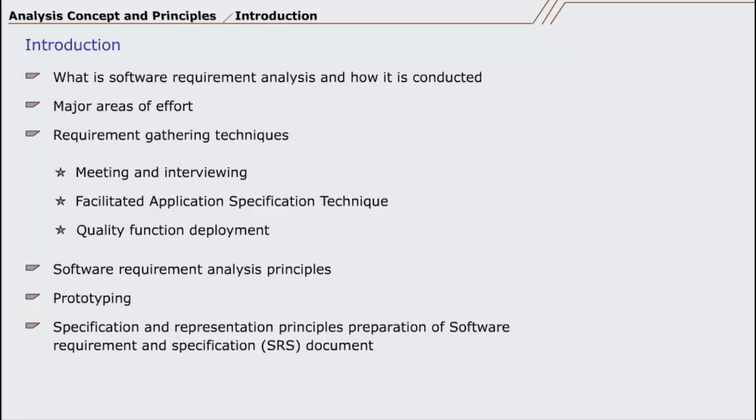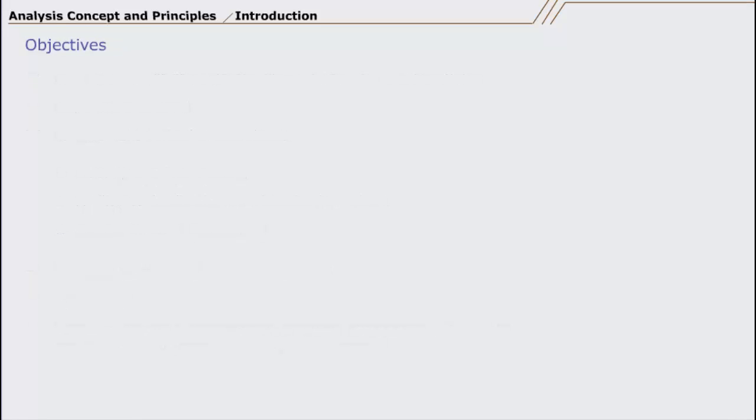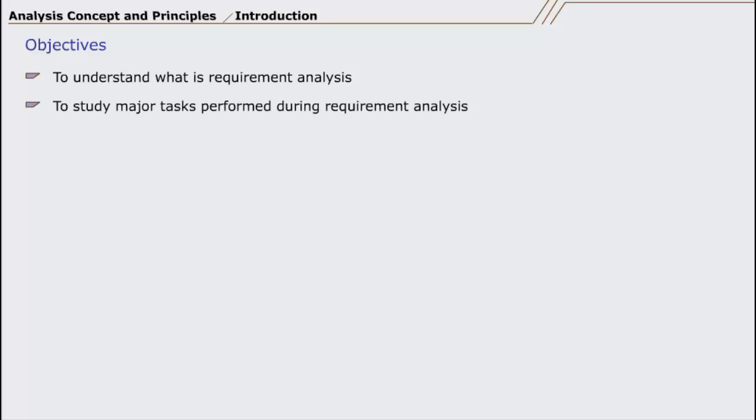After completing this unit, you should be able to: Number 1. Understand what is requirement analysis. Number 2. Understand tasks performed during requirement analysis. Number 3. Explain different techniques of requirement elicitation. Number 4.